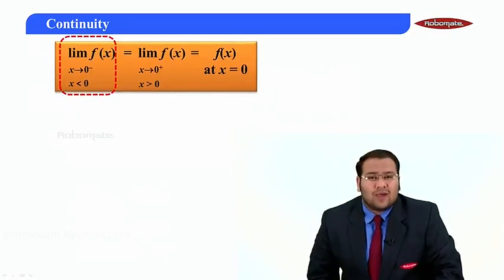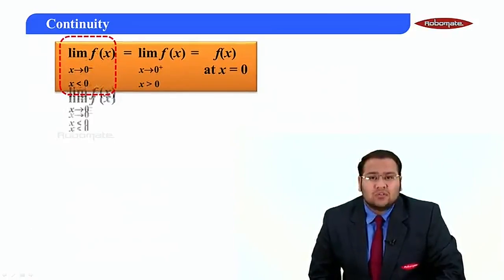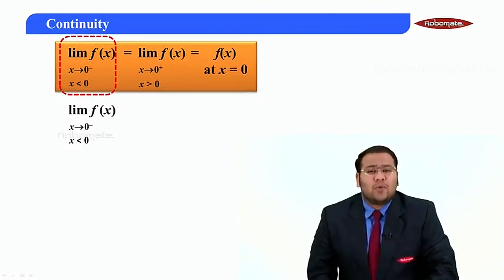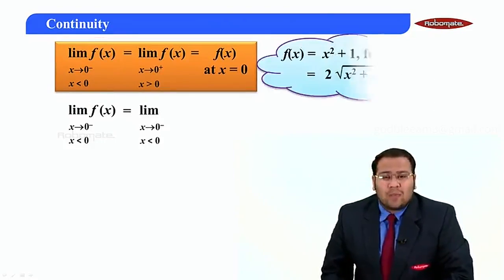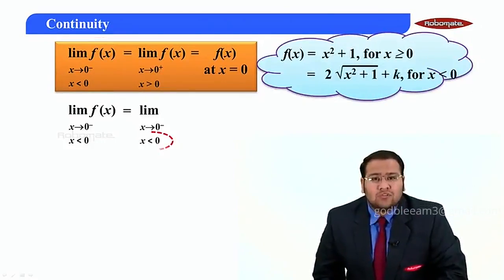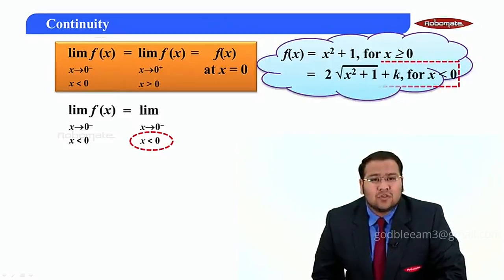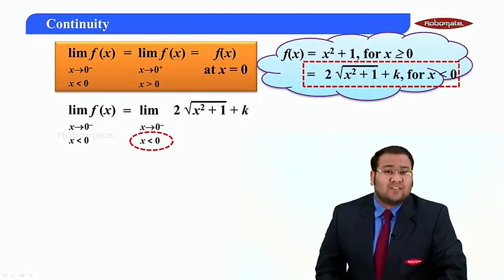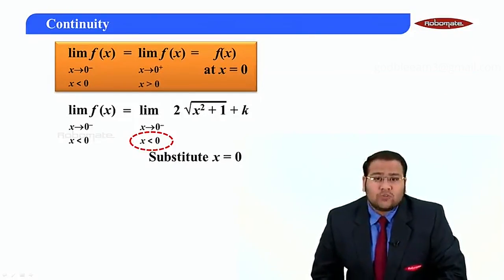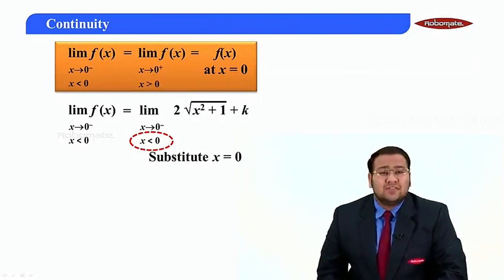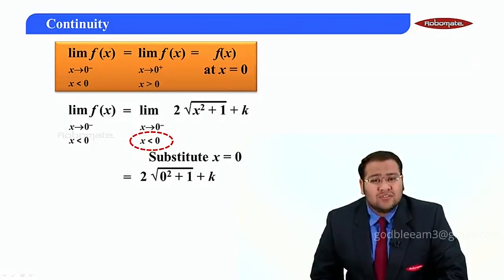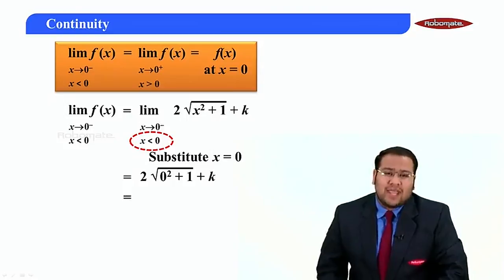Followed by this, you also require the left hand limit. So what is that? Limit x is tending towards 0 minus f of x. So by observing the question, for 0 minus, the equation is 2 into root of x square plus 1 plus k. Over here also, substituting x as 0, your value becomes 2 into root of 0 square plus 1 plus k.